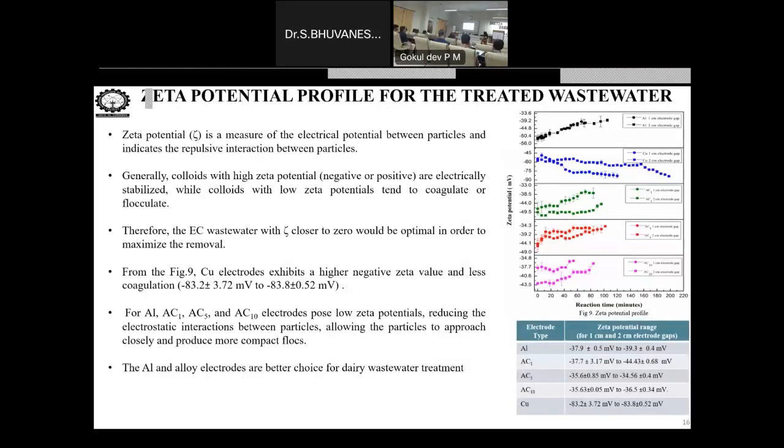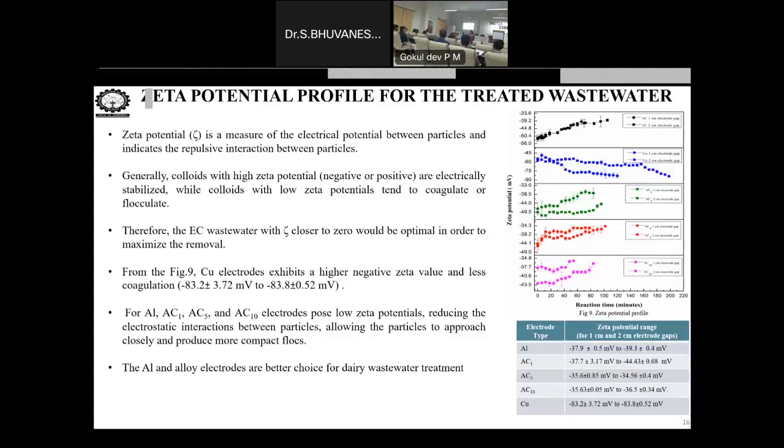Yeah, zeta potential. One more factor is there. What do you mean by zeta potential now? What is zeta potential? Why do we want to measure the zeta potential? If zeta potential is high, what do you mean? Surface charge. But what is the basic inference from zeta potential value?